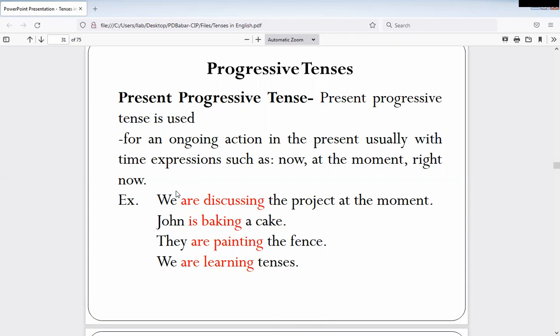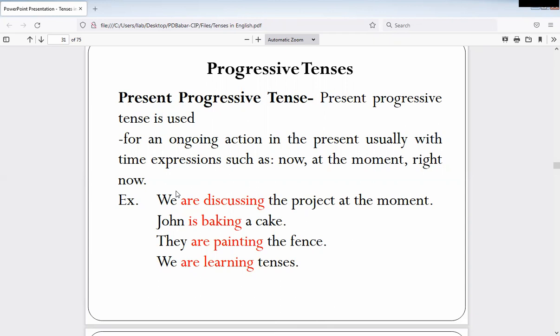Work is in progress means that work is going on. It is in progress, it hasn't stopped. That's why it is called the continuous tense or progressive tense. So this is the meaning of the progressive tenses.